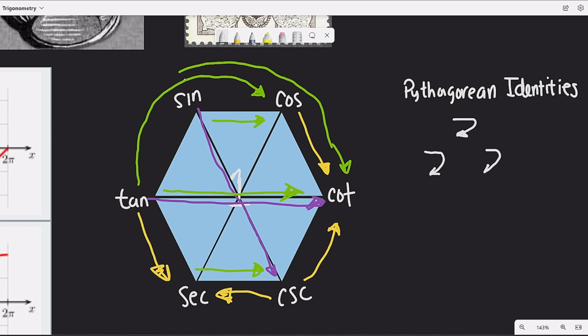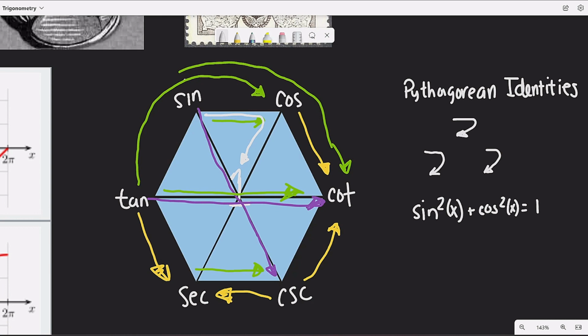That's how we will remember it. So, the trig identity is sine squared plus cosine squared equals 1. You probably know that off the top of your head, but here is how we would use it visually to remember all of them. So sine squared of x plus cosine squared of x equals 1.